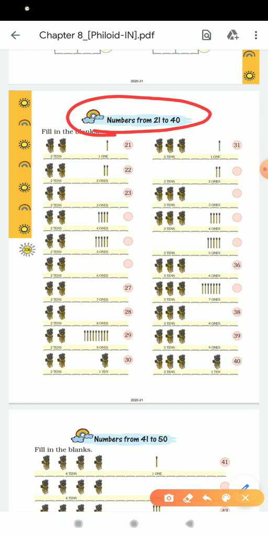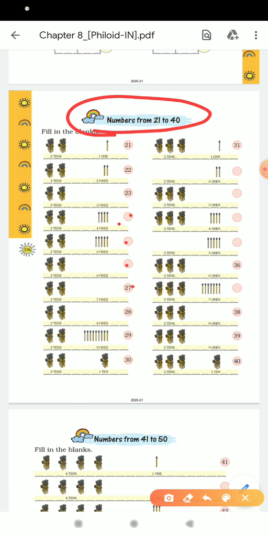Here we have to write down the counting in the given circles, and wherever blank space is given, you have to draw the matchstick bundles or pictures according to the given instruction.